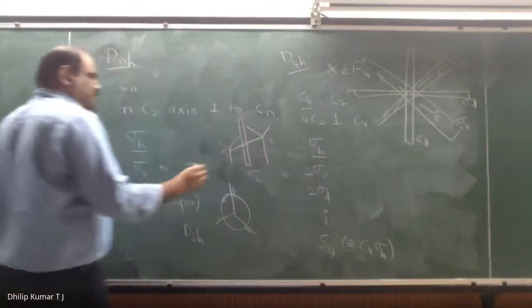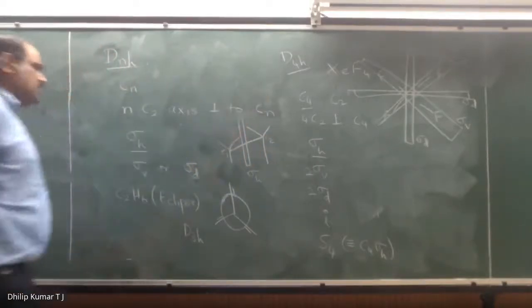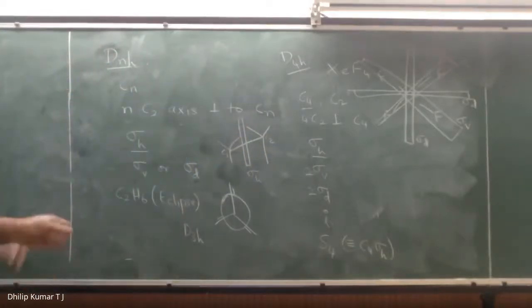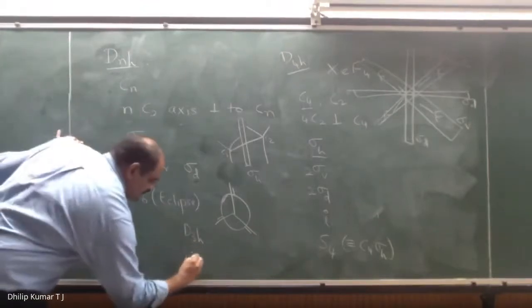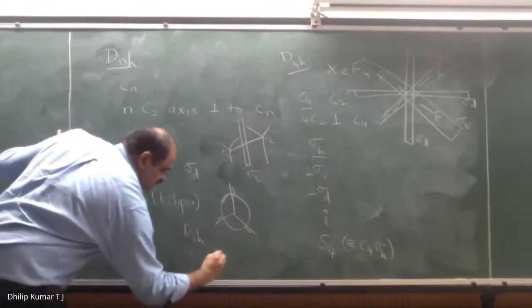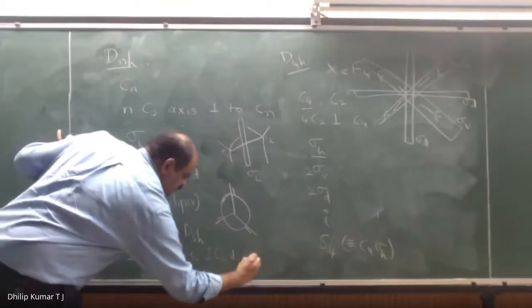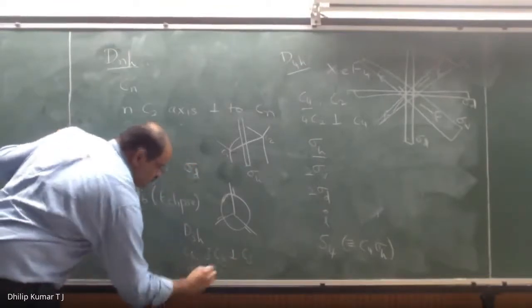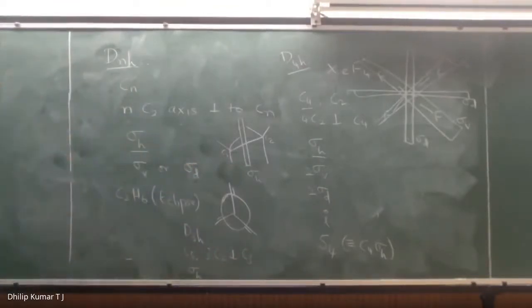You cut the two atoms, then you will have a mirror image; both the H's will overlap. So it has C3, 3 times C2 perpendicular to C3, and then sigma h. Like that you will have it. This is all about the DNH point group.